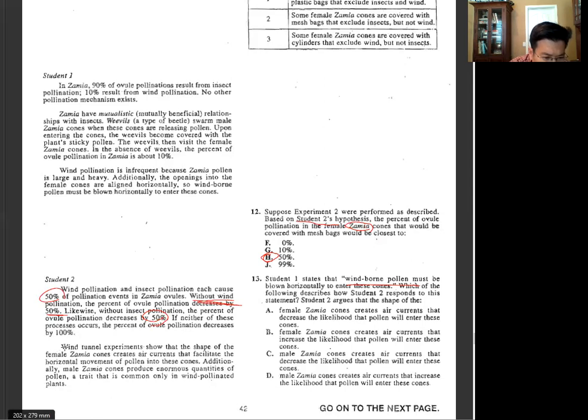It says wind tunnel experiments show that the shape of the female Zamia cone creates air currents to facilitate the horizontal movement of this one. So then it has to be female, so either A or B. But then increase, yes, so it's B.